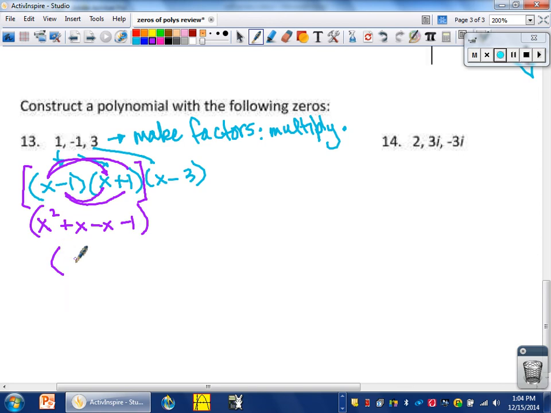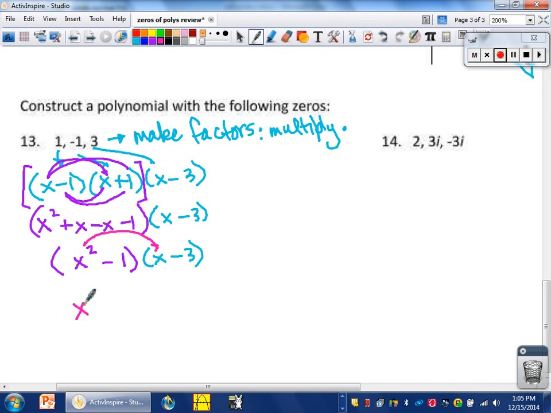Okay, and then simplify further, leaves me an x squared minus 1. And I still have to multiply by my x minus 3. So just attack them two at a time. We know how to multiply two binomials together. We've been doing that since pre-algebra, I hope, and you're confident with that. So now your last step is to multiply these ones as well.